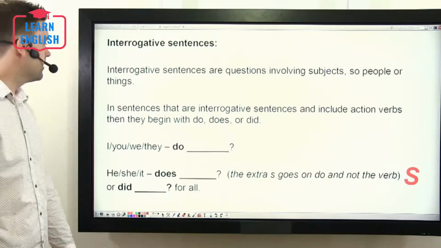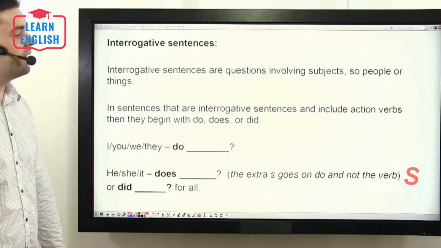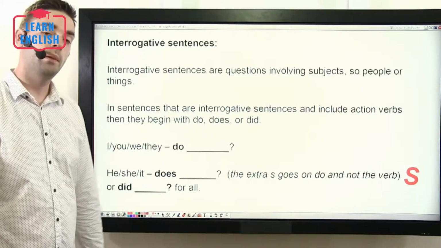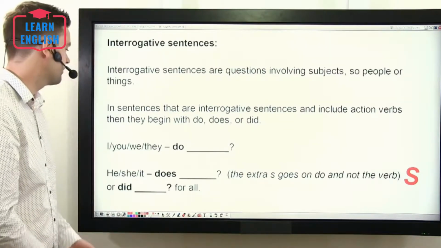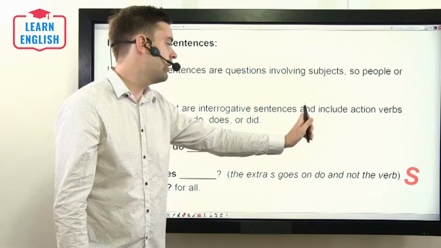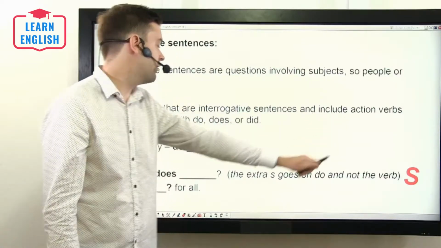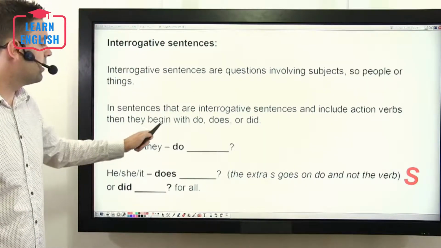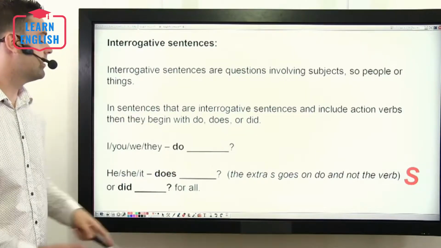Interrogative sentences are questions involving subjects, so people or things. In sentences that are interrogative, sentences include action verbs, and they also begin with do, does, or did.